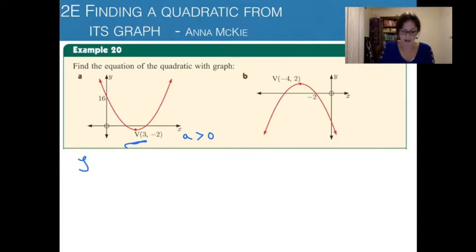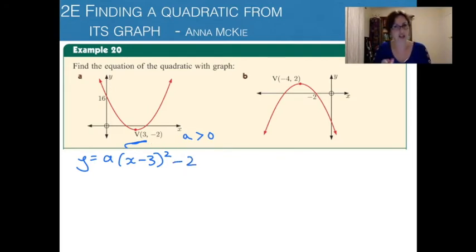Now, our general form for turning point form, so we've got the factor here of x, but it's squared there. And now you look at these two values here. So the 3 is the x value, but just like x-intercepts with the sign change, so it's x subtract 3. And then this -2 is the number that goes over here. So that's the general form in turning point form, and as you can see, these numbers are formed from the vertex.